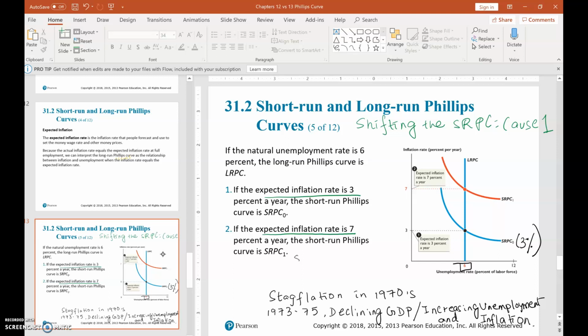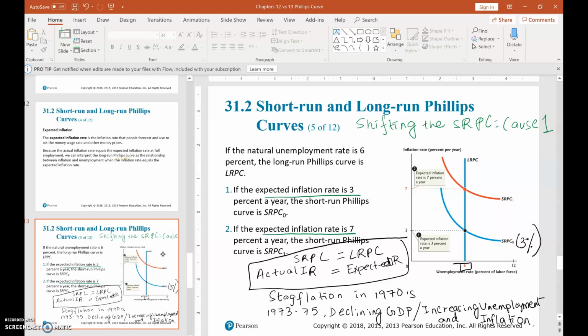Whenever the short-run Phillips curve is intersecting the long-run Phillips curve, the actual inflation rate will be equal to the expected inflation rate. From the vertical axis, we can read the actual inflation rate and the expected inflation rate we will get from the short-run Phillips curve. At point A, the expected inflation rate is 3%.